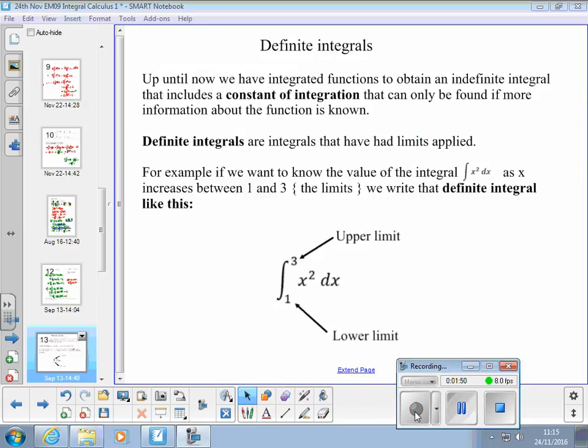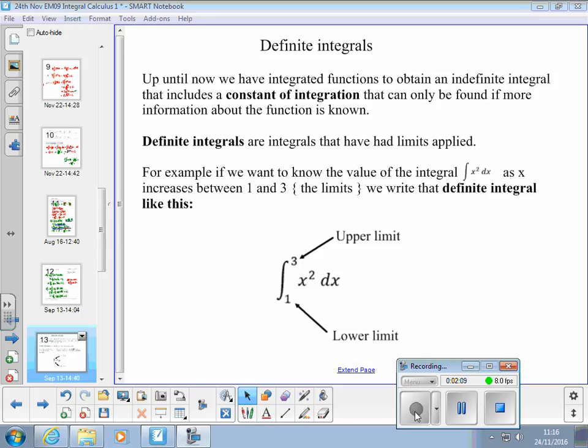So now we've integrated functions to obtain an indefinite integral that includes a constant of integration. That can only be found if more information about a function is known. Definite integrals are integrals that have had limits applied.